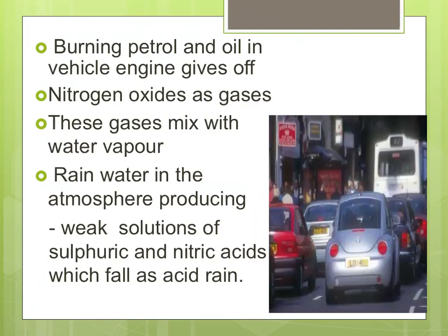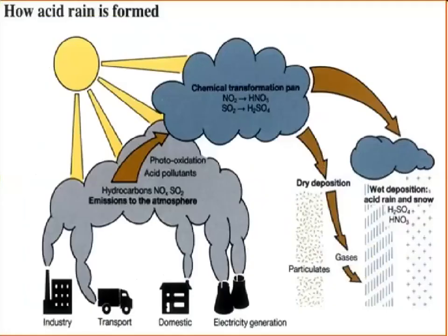While burning of petrol and oil in vehicle engines gives off a lot of nitrogen oxide gases that are mixed with the water vapor in the form of rainwater, producing weak solutions of oxides of nitrogen and sulfur, which fall onto the ground in the form of acid rain. This is the mechanism of how acid rain is formed.